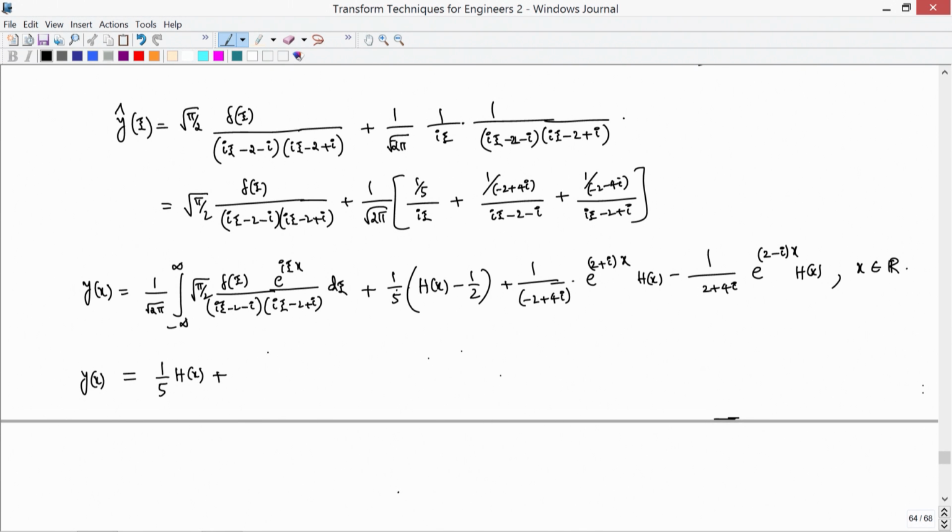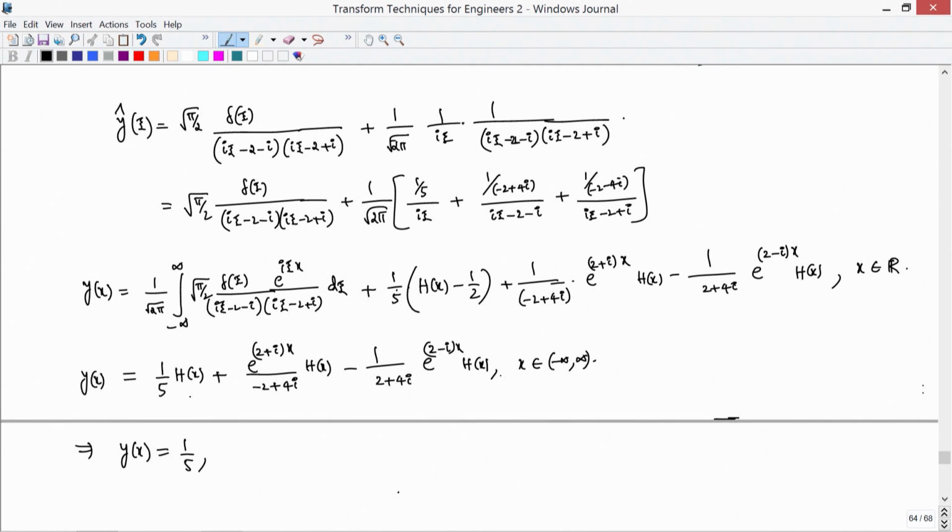what you have is e power 2 plus i x by minus 2 plus 4i H(x), and 1 divided by 2 plus 4i e power 2 minus i x H(x). This is for x belongs to minus infinity to infinity. So, this gives me a solution as 1 by 5 for x negative, the x positive side is anyway 0.